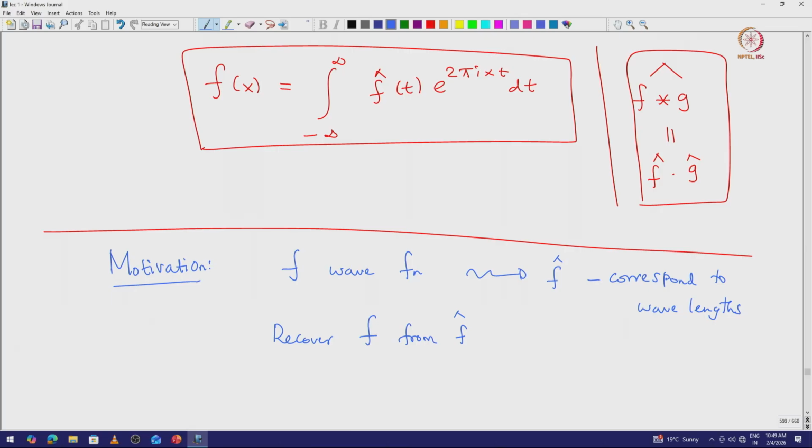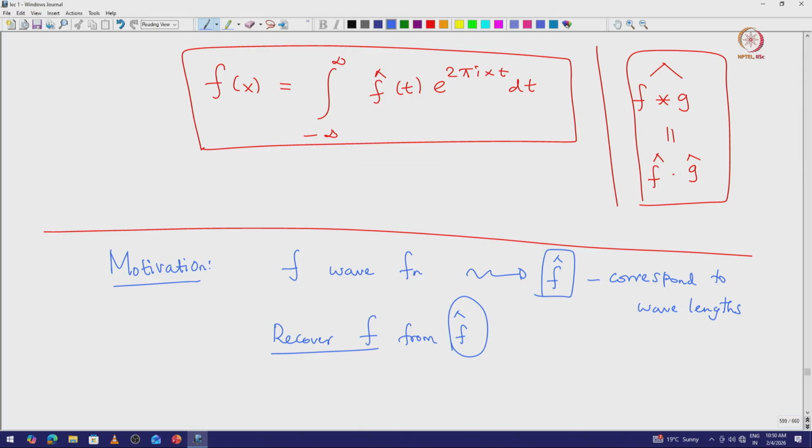So, then if we are interested in actually recovering f, it is actually enough to recover somewhat most appropriate f, that is good enough for us. So, if we start with this f hat which corresponds to the wavelengths, and by setting 0 to all sufficiently small values of f hat, then using the Fourier transform, we get the wave function that corresponds to the one that we started with.